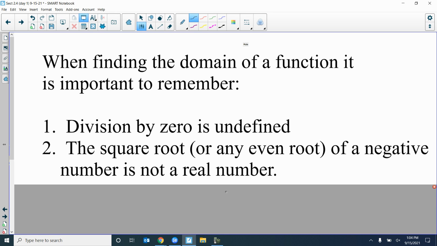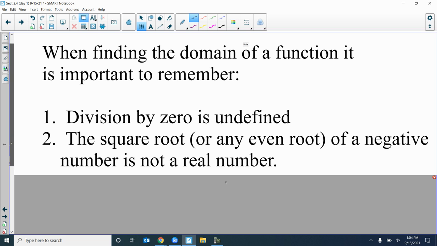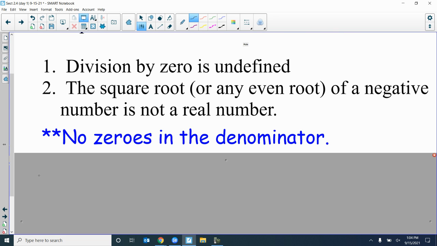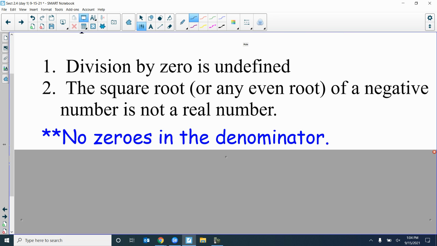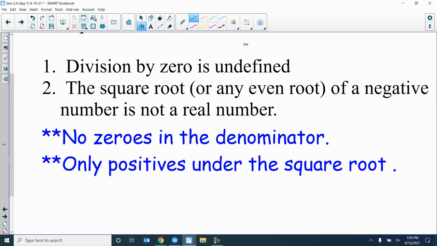So if we get something that gives us a negative under the square root, we cannot use that in part of our domain. Another way to think about it, no zeros in the denominator, and only positives under the square root.